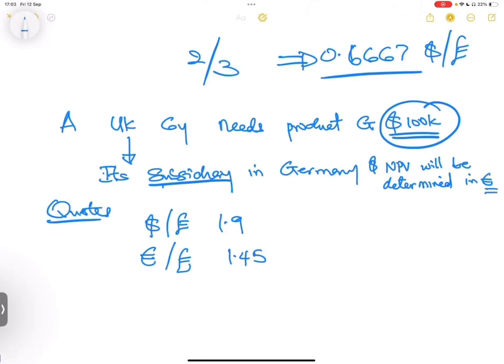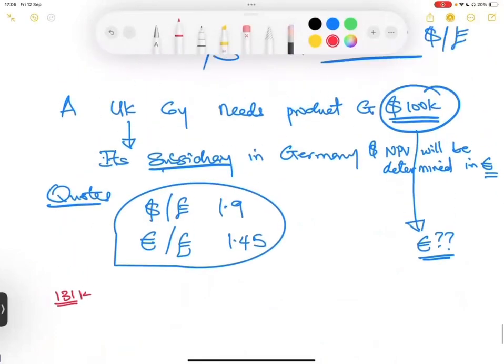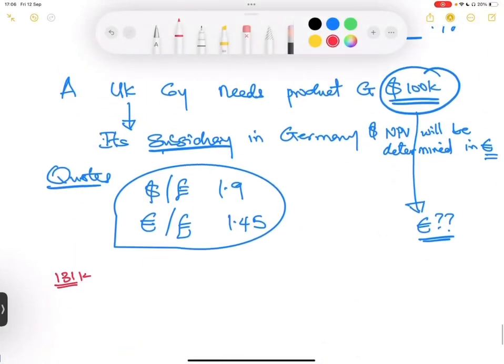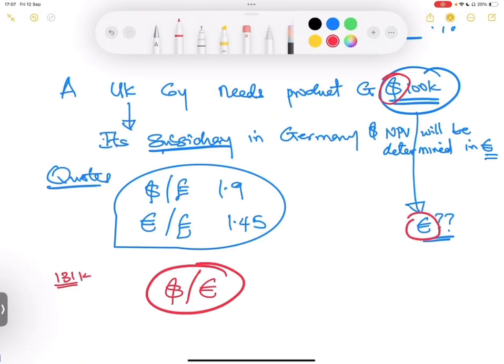So what I just want you to do is tell me this cost of item, what is the figure in euro? Let's work it out. So what we need is dollar euro rates, because the money that we want to convert is in dollars, and the currency we want to convert it to is euro.